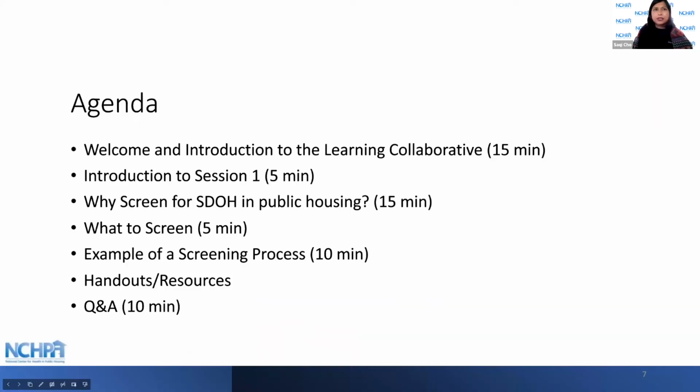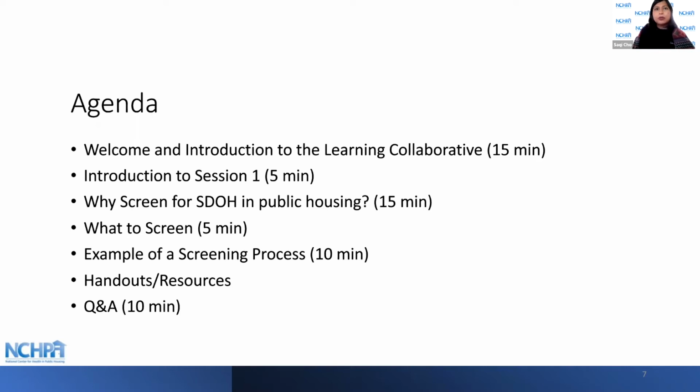Okay, so the agenda. This is our first session, so we have a lot of ground to cover. We're going to spend the first part of today going over the goals of the Learning Collaborative and walking through the topics of each of the sessions so that you can get a sense of what will be covered in subsequent meetings. Then we will begin to discuss the content for today's session, which is Screening 101.